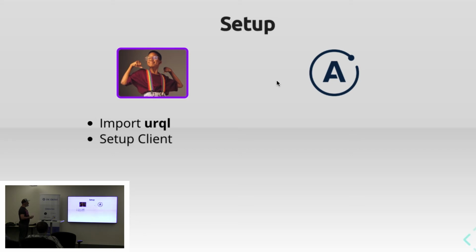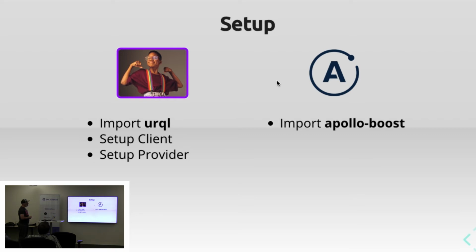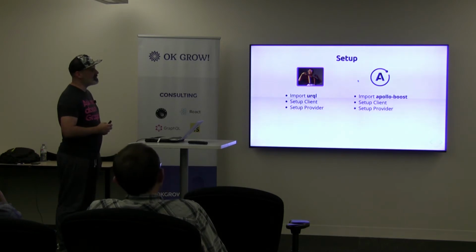I pretty much set up the URL for the GraphQL server, set up the client, and then I used that to set up my provider. So that was pretty easy. On Apollo, I used what is called Apollo Boost, which helped me out similarly to what I used in Urql. So that will be pretty much the same, and the rest of the steps are exactly the same as in Urql.